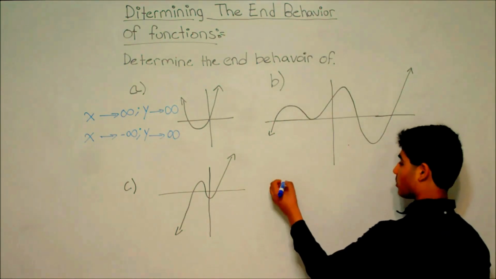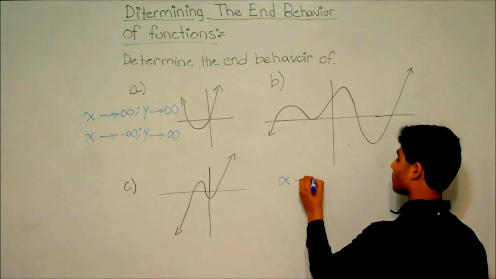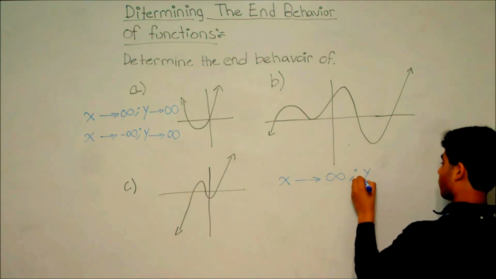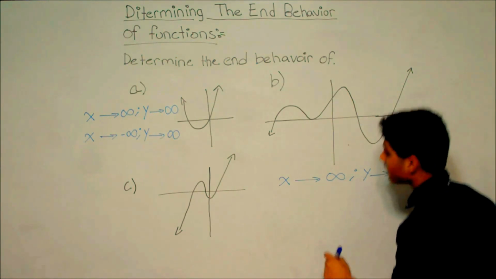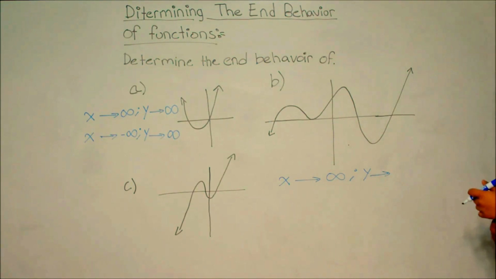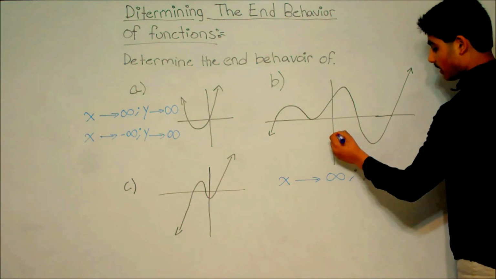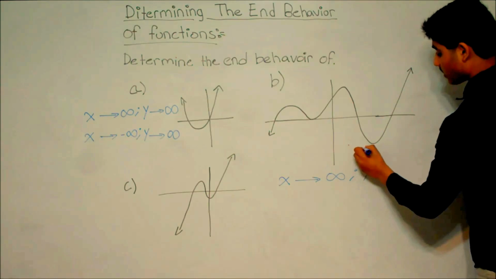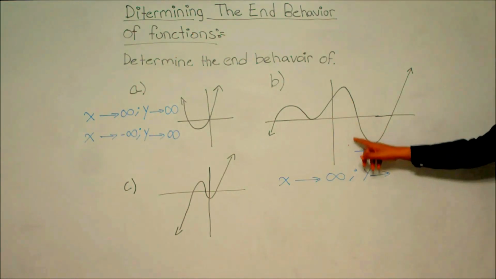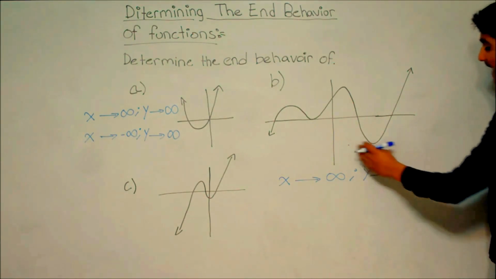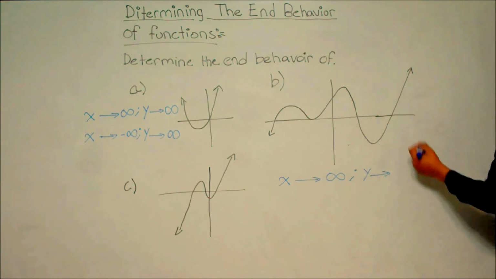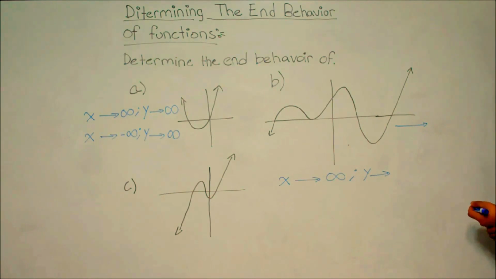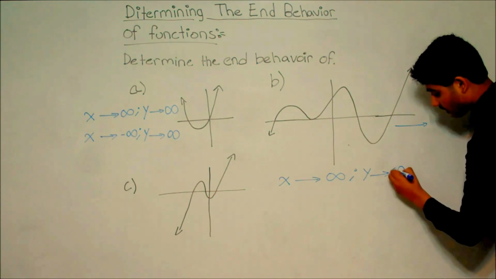So as x goes to infinity, y goes to, so here y goes to infinity, because even though, let's say here when x goes closer to infinity, we can see that it's going down. But in the end, we can see this little arrow here showing that it's just going to keep going up as x goes closer to infinity. So y goes closer to infinity also.